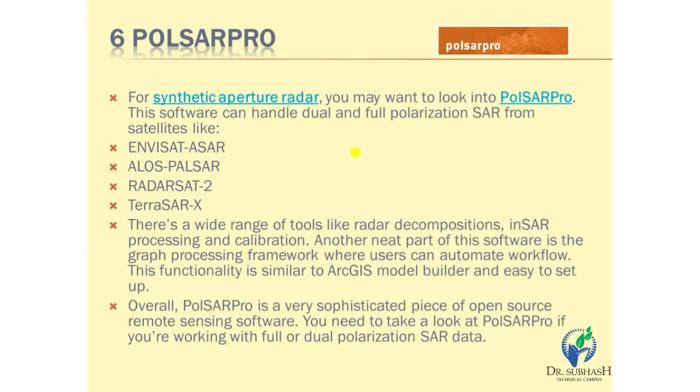This software can handle dual and full polarization SAR from satellites like ENVISAT, ALOS, RADARSAT-2 and TerraSAR-X. Those are different satellites, and they have different imagery, and there are different types of polarization. There are generally two types of polarization, horizontal and vertical. But nowadays hybrid polarization is also used in this field.